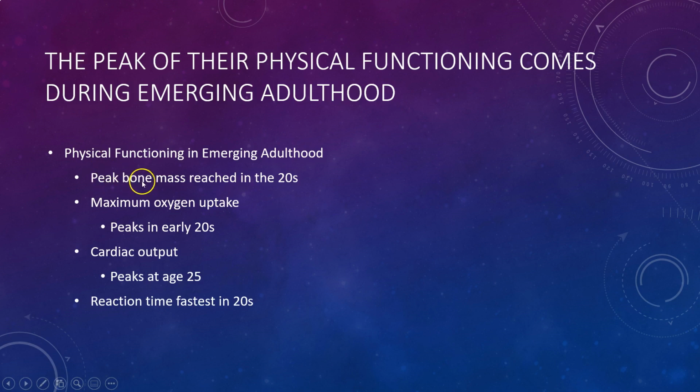But you can see here that peak bone mass is reached in your 20s, your maximum oxygen uptake peaks in the early 20s, cardiac output peaks in about 25, reaction time is fastest in your 20s. So I guess it's all downhill from there, although that's awfully depressing. But that's kind of our peak physical functioning.